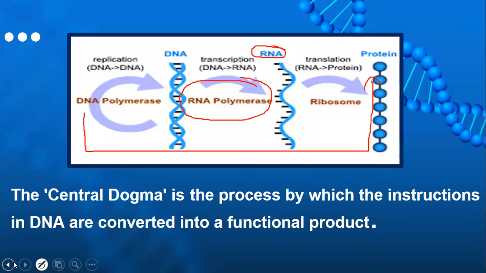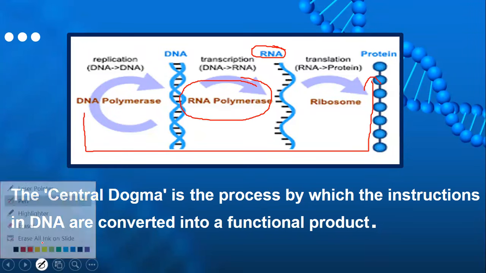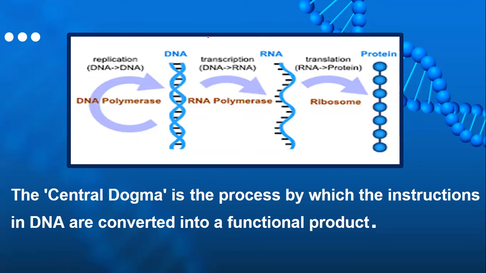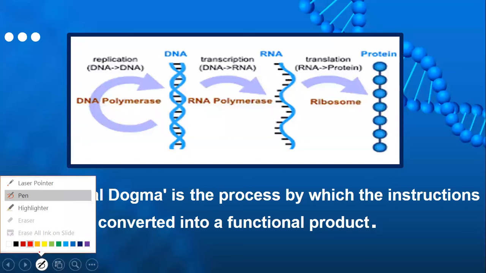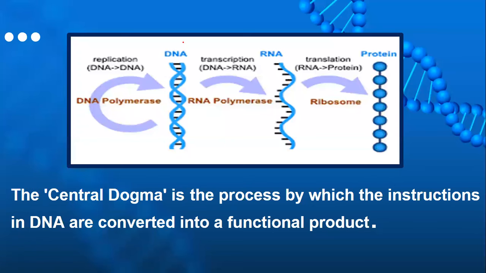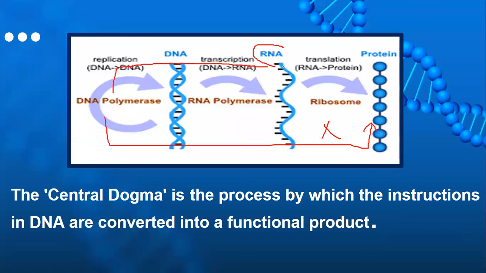Wonderful. Because DNA is a very highly stable molecule, extremely stable. So what you have to understand, friends, is that in order to protect its stability, maintain its integrity, and protect it from errors or damages, DNA is not directly involved in the synthesis of protein. Instead, DNA synthesizes an intermediate molecule called RNA.